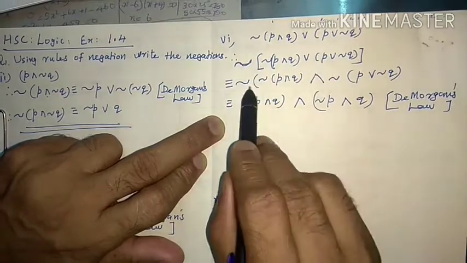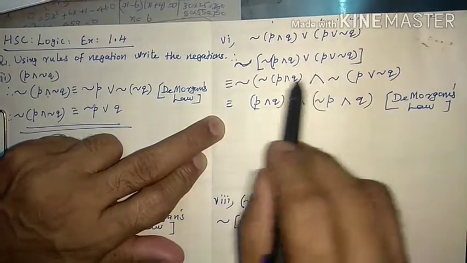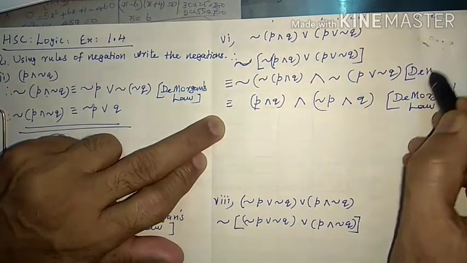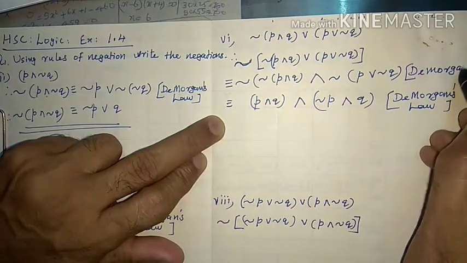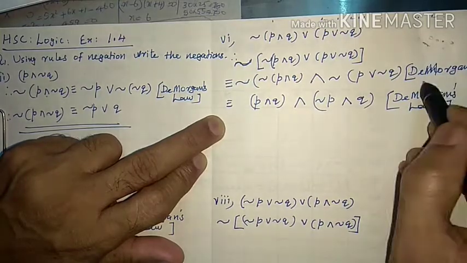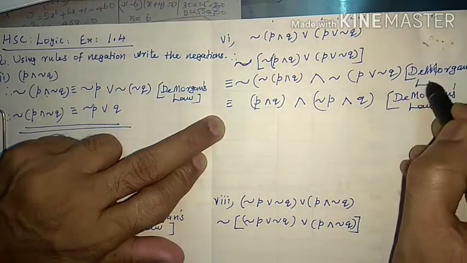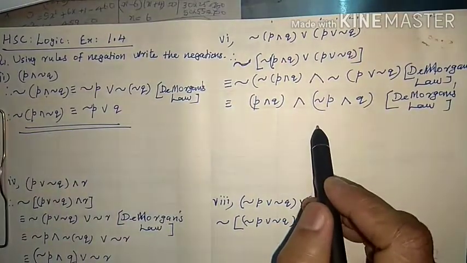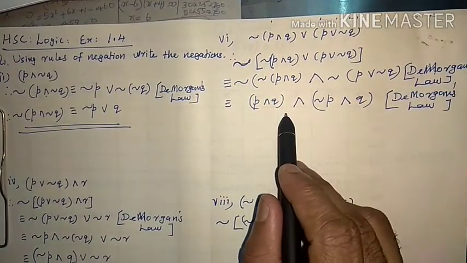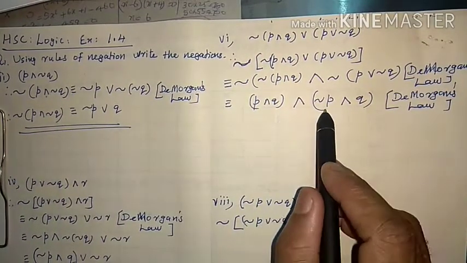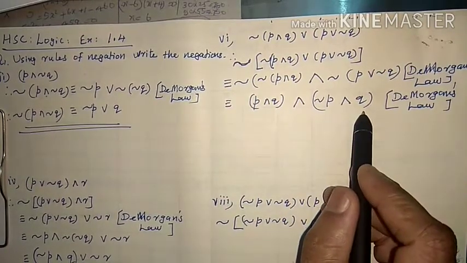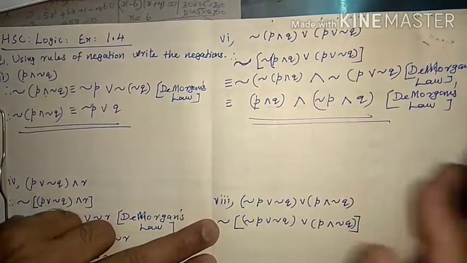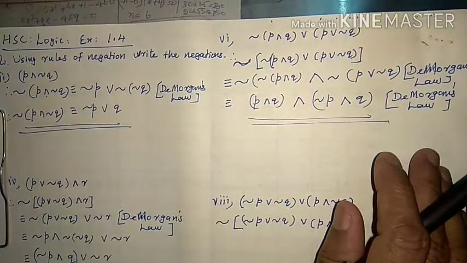What we used here, this one applied like that means negation of first, this also. De Morgan's law. Here this much only, further we cannot have. P conjunction Q, conjunction, negation P disjunction Q. This is question number 6. Only this much. Very simple.